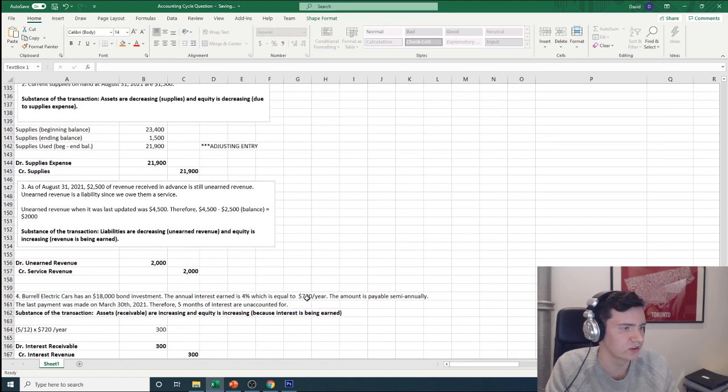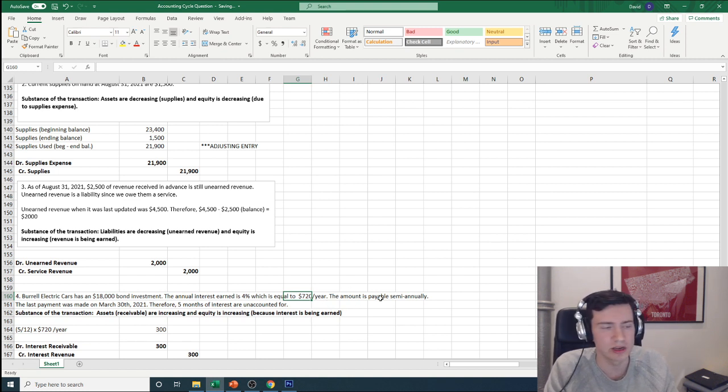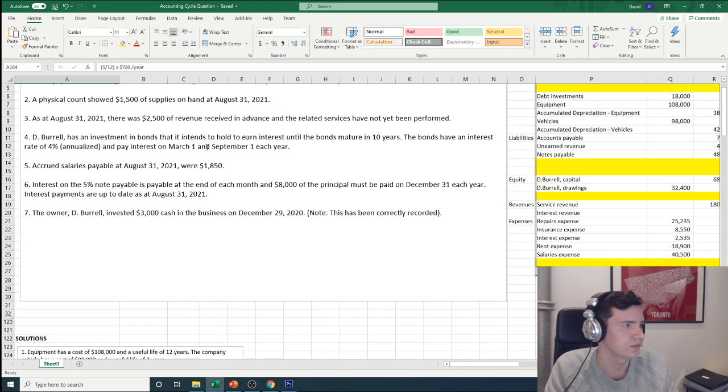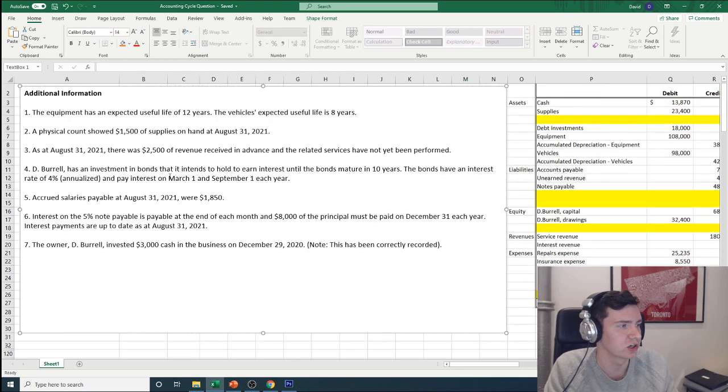That's equal to $720 a year, and the amount is payable semi-annually, which means it's going to be $360 each, I believe. We're paying interest on March 1st and September 1st of each year.